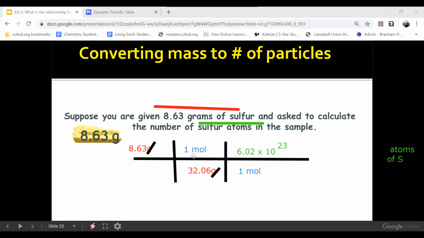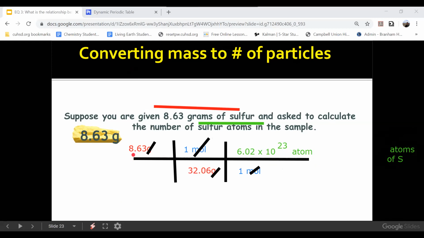First, we need to cross out our units to make sure our units are right. And again, this is going to be the number of atoms. And so now we can check our units. We have grams canceled out, moles canceled out, and we're left with atoms. And that's what we wanted. We wanted atoms. So now we're ready to put it in the calculator.